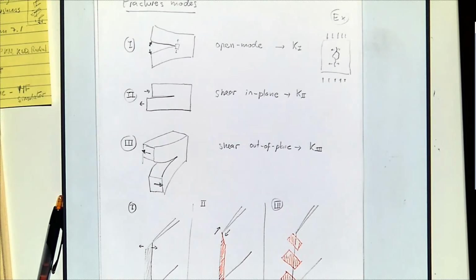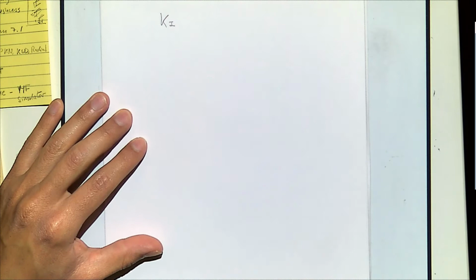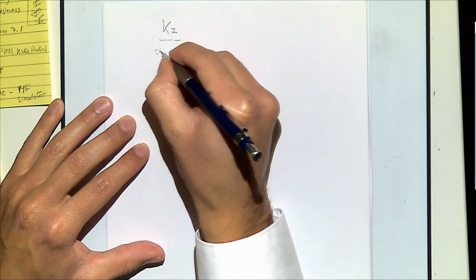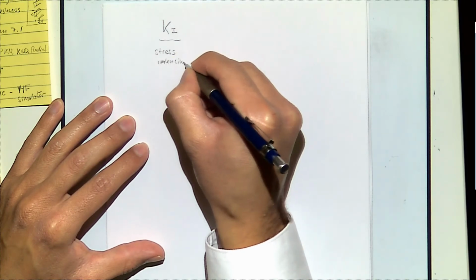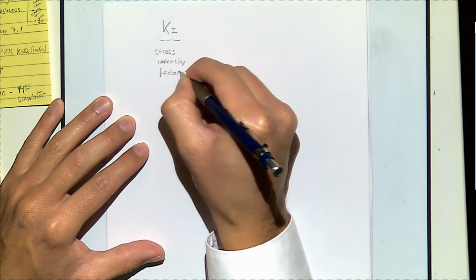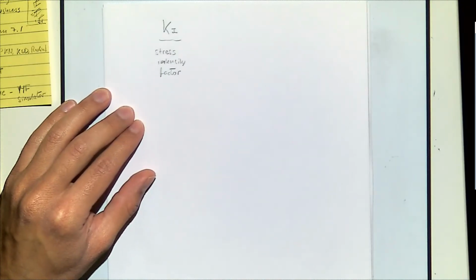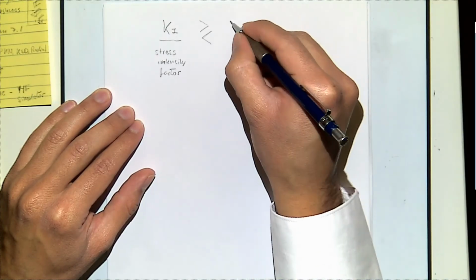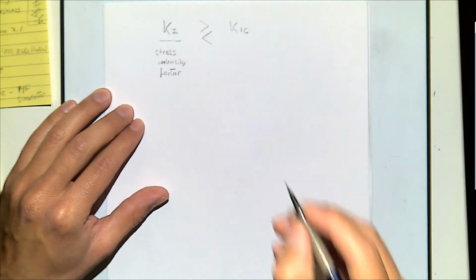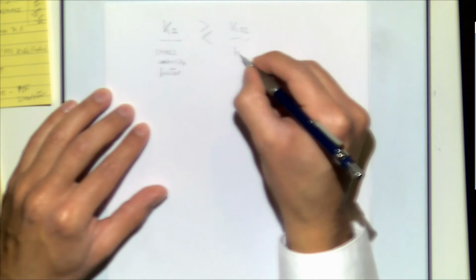The stress intensity factor, as we call it, is Ki, but remember that these are stresses at the tip of a fracture in open mode. In order to know if a fracture propagates or not, we need to compare this to the critical stress intensity factor, also fracture toughness.